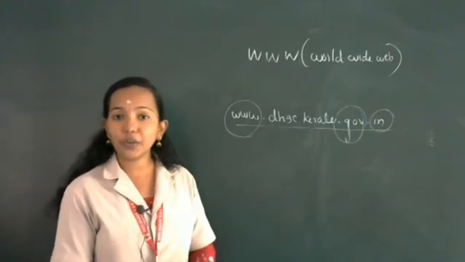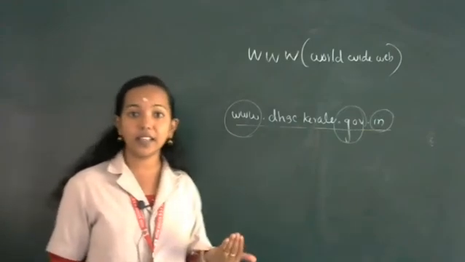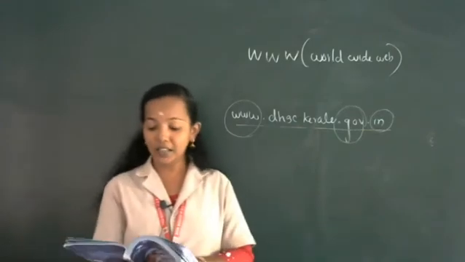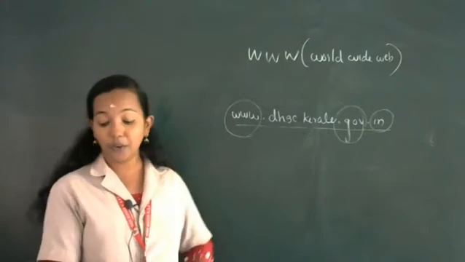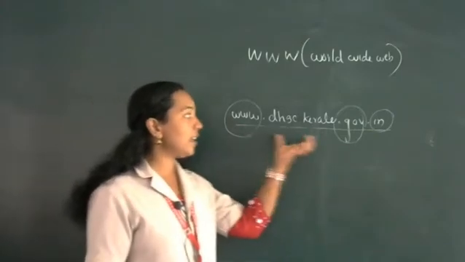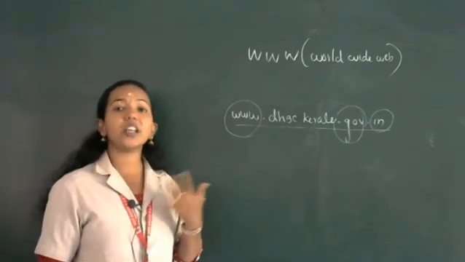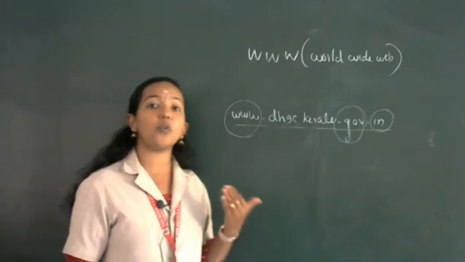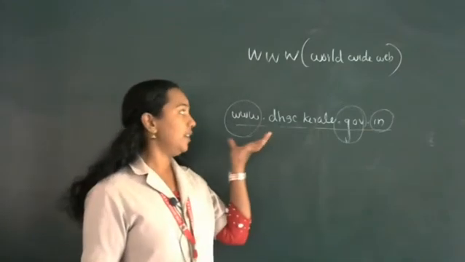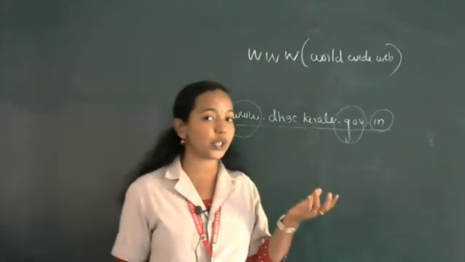The World Wide Web is a system of interlinked hypertext documents. Here dhskerala.gov.in is a website. For the creation of a website, we require so many web pages, so the World Wide Web belongs to the category of hypertext documents.